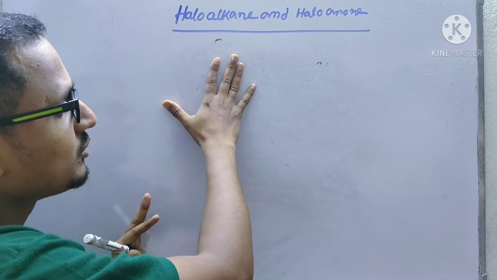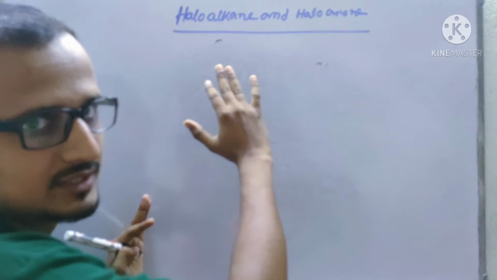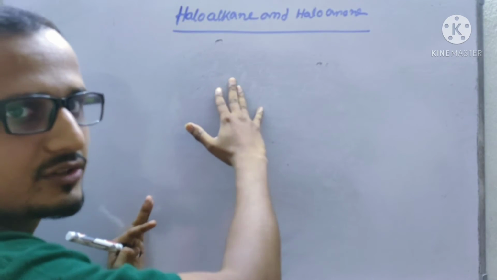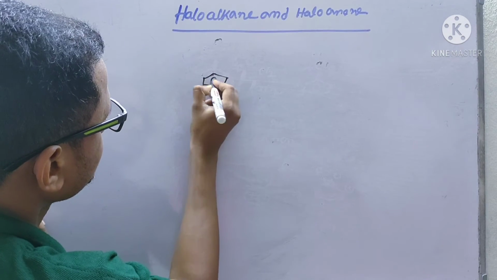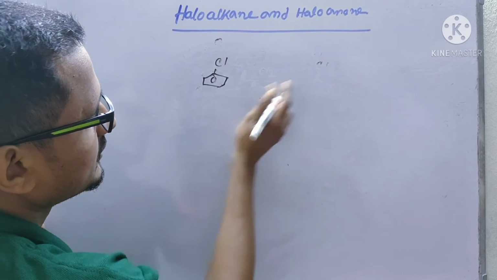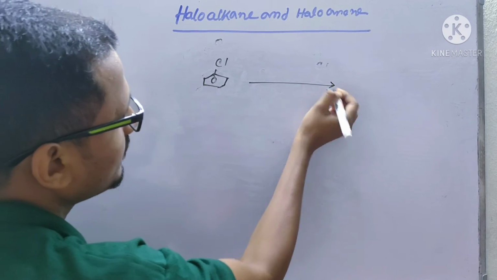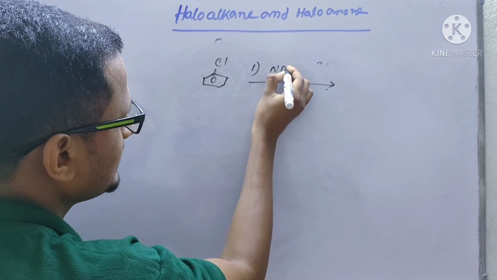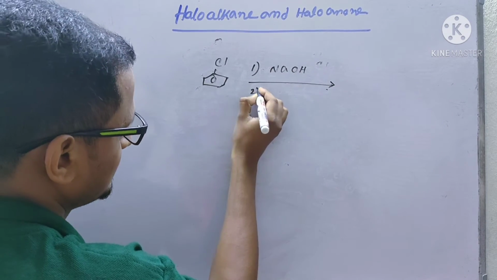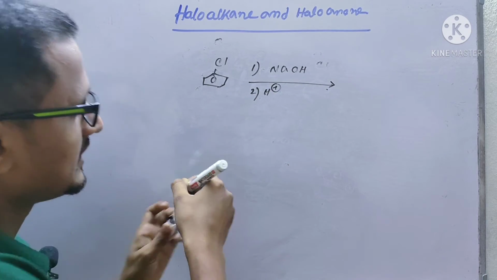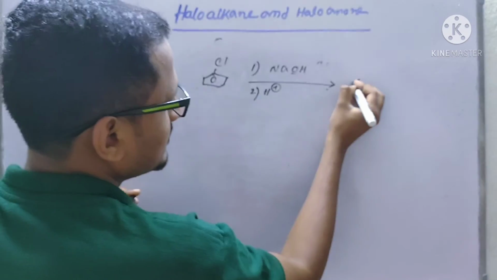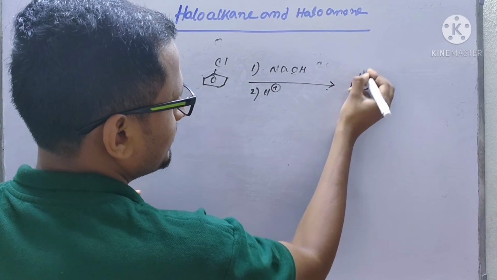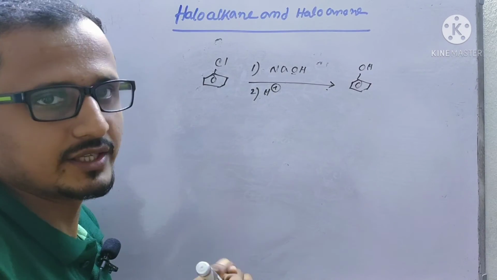Now next you see, this chlorobenzene we have prepared. This chlorobenzene can be converted to phenol. To convert it to phenol, we have to treat this with sodium hydroxide, and after that H plus. That means OH minus will replace this chlorine, so you will get phenol.